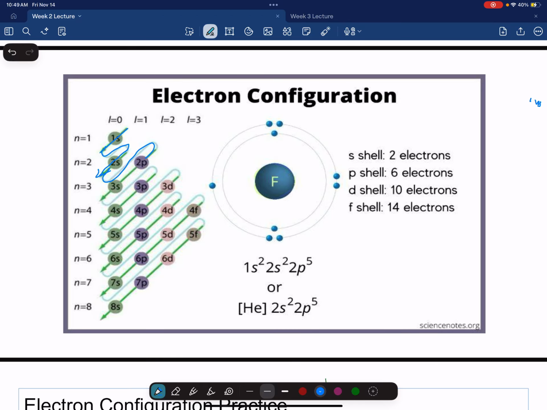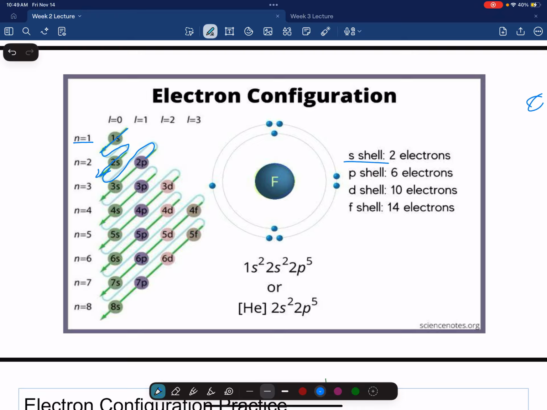Once we know this, we're going to learn about energy levels and shells. Each atom has a certain number of energy levels. If we have one energy level, it's only going to have one shell, usually the S shell, and the S shell contains 2 electrons.